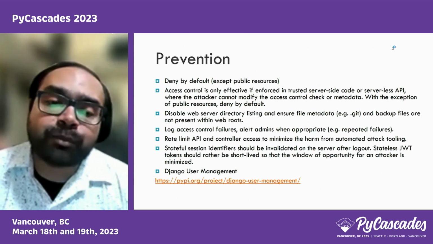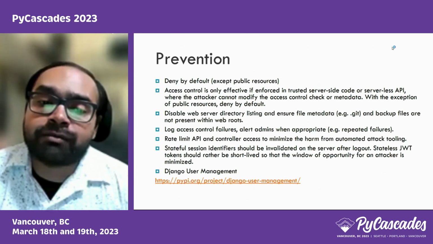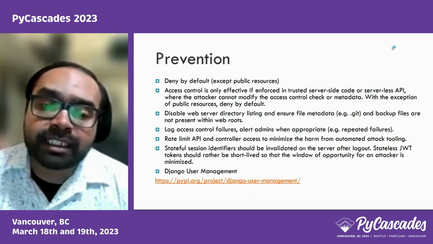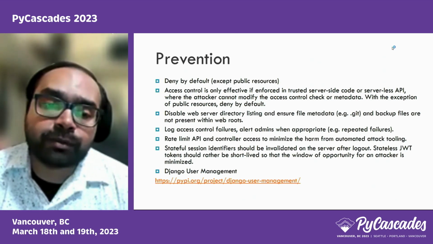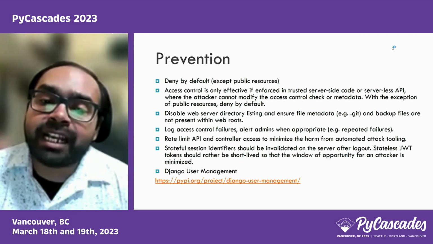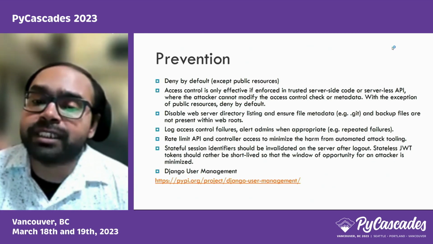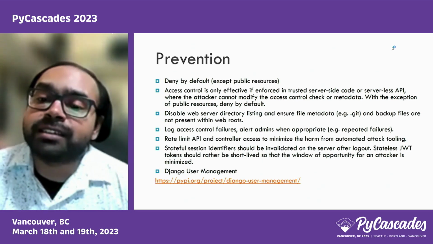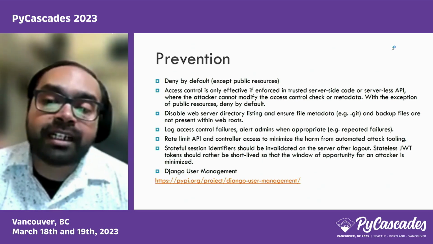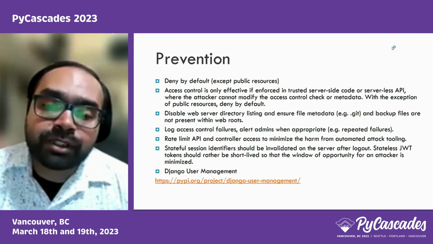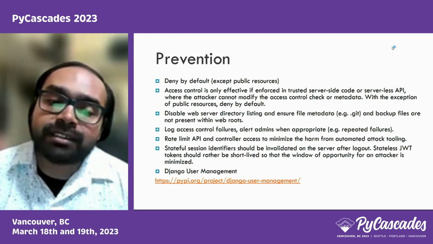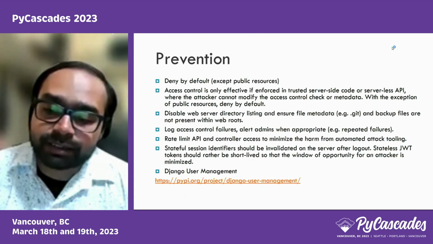This is very, very important because whenever you are investigating the cause, the log files play a very important role. Then rate limit API and controller access to minimize the harm from automated attack tooling. Then use Django user management packages with respect to Django applications.